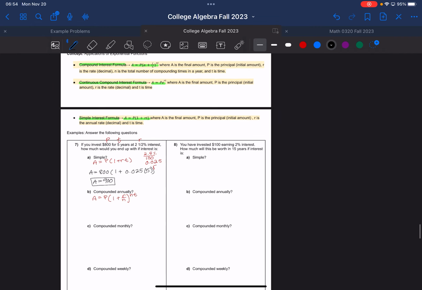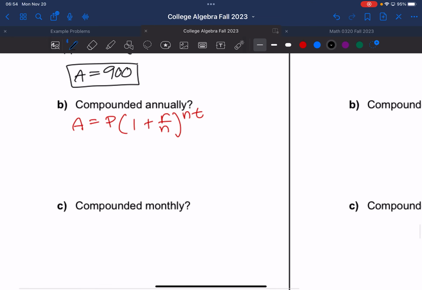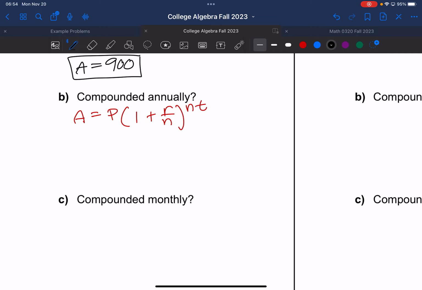If we go back to our formula, N is the total number of compounding times in a year. So it's how many times we're compounding a year. Since this is annually, N is going to be what number? 1 time. So N is equal to 1. We're going to plug in all our same numbers.